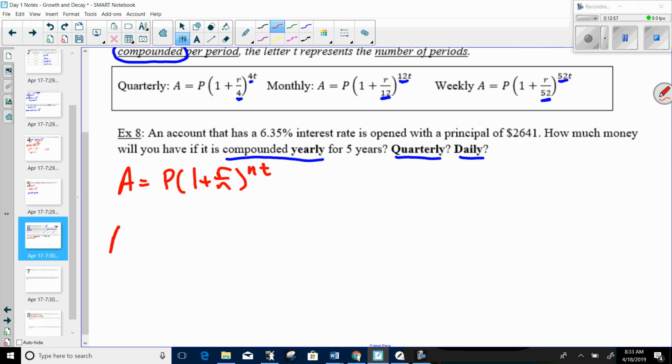So this is going to look like this. A equals 2,641(1 plus R. My interest rate is 0.0635. I take this interest rate and I move the decimal 1, 2 places) over yearly. How many times am I going to do this each year? Once. Raised to the 1 times T. And then you use your calculator.